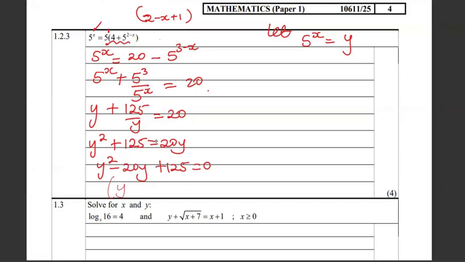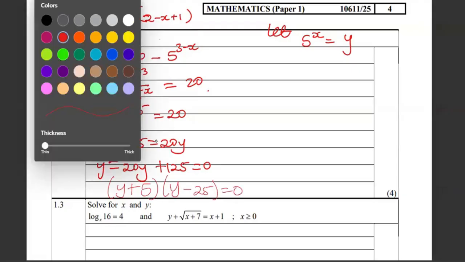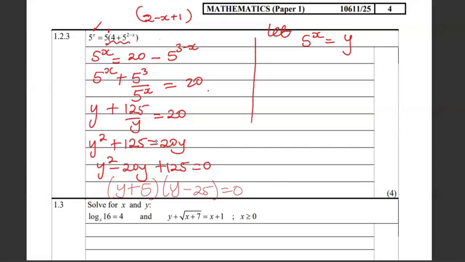Okay, so y minus 5 and then y minus 25 is equal to 0. Then what we need to do next, meaning that y is 5 or y is 25.